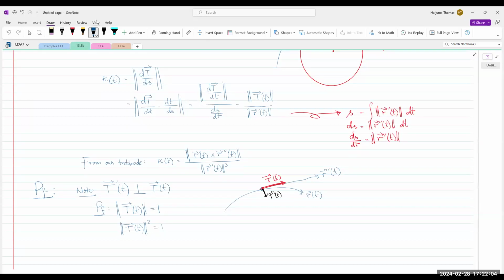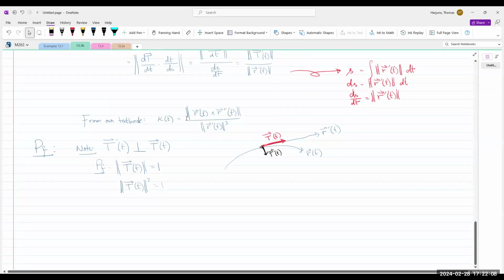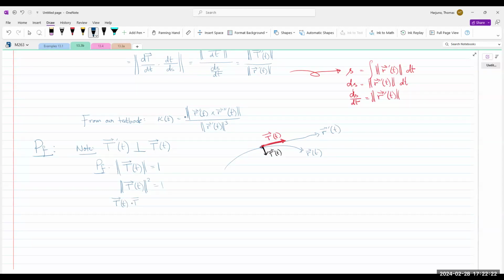Actually, we don't need the length to be exactly 1. We just need the length to be constant. You will see this formula works even when the length is constant instead of just 1. Now, on the other hand, the magnitude of a vector squared is the same as that vector dotted with itself. Right?